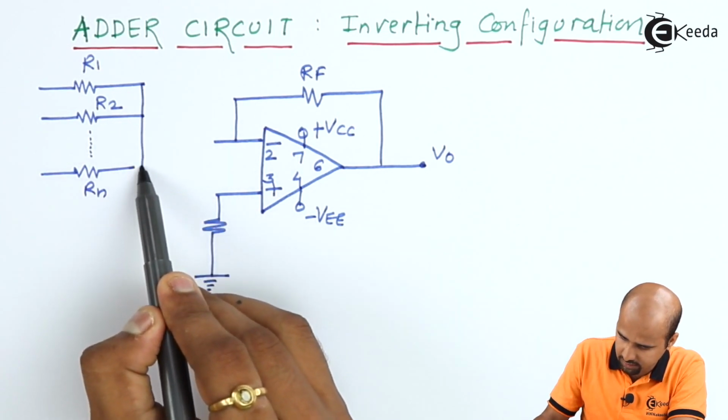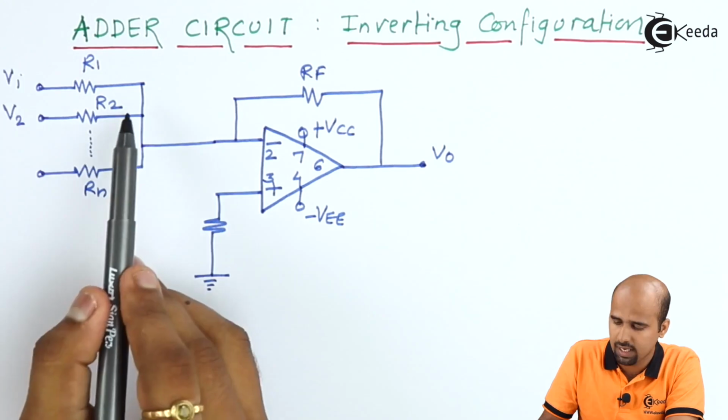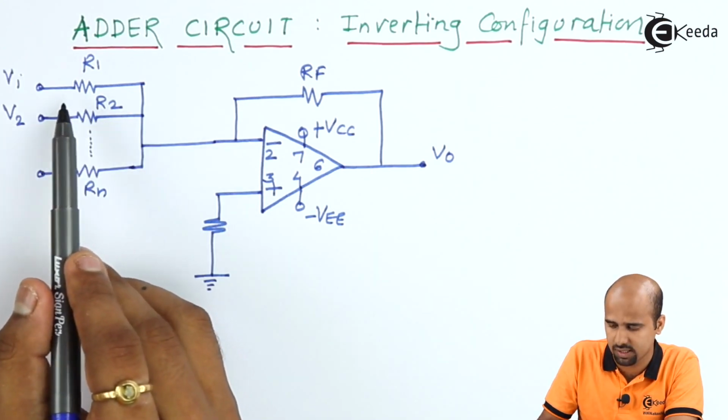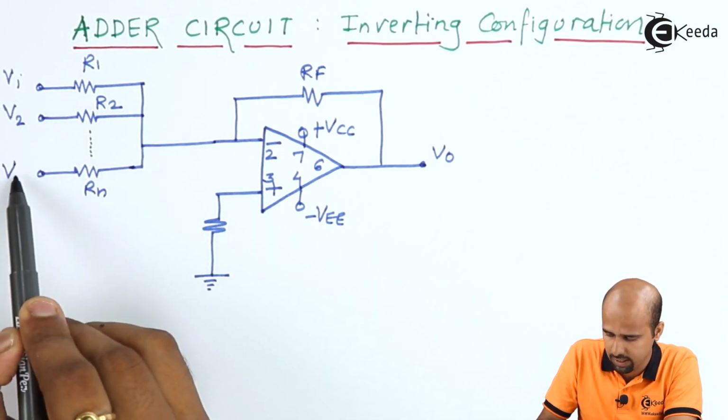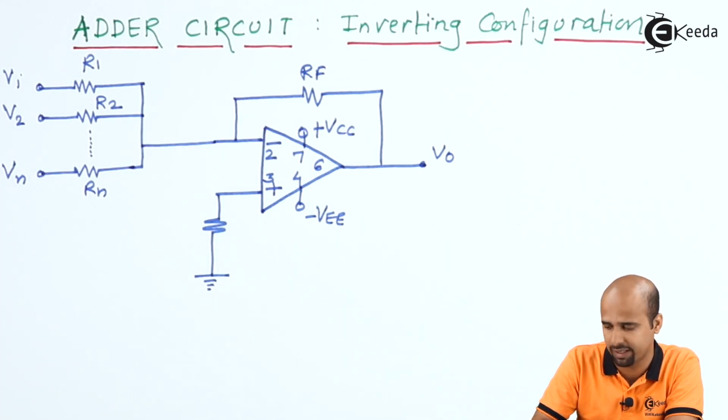These are connected to one common node, that is the input node. The other ends of these resistances are connected to voltage supplies. I can have n number of batteries with different values altogether.